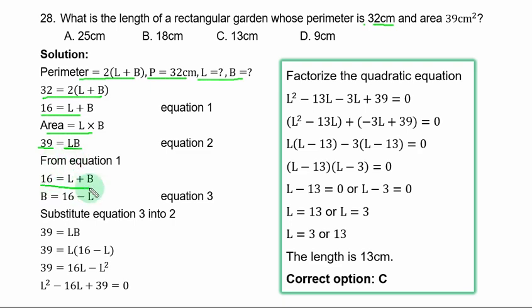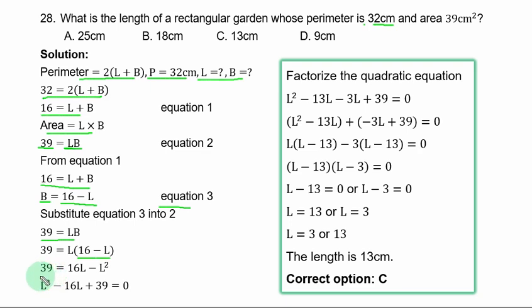From equation 1, make the breadth the subject. You have 16 minus L. You call that equation 3. You have to substitute equation 3 into equation 2 to continue with the solving process. This is equation 2. Anywhere you see B, replace it with 16 minus L.